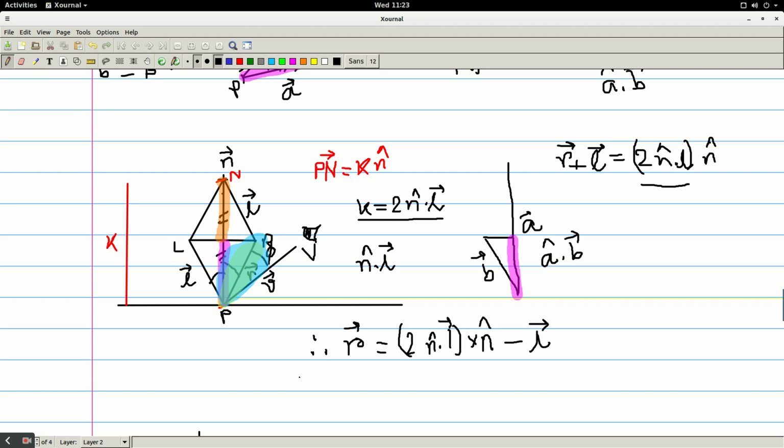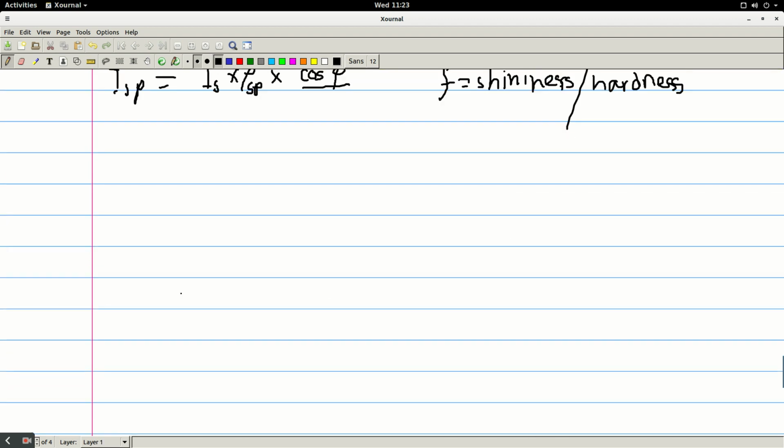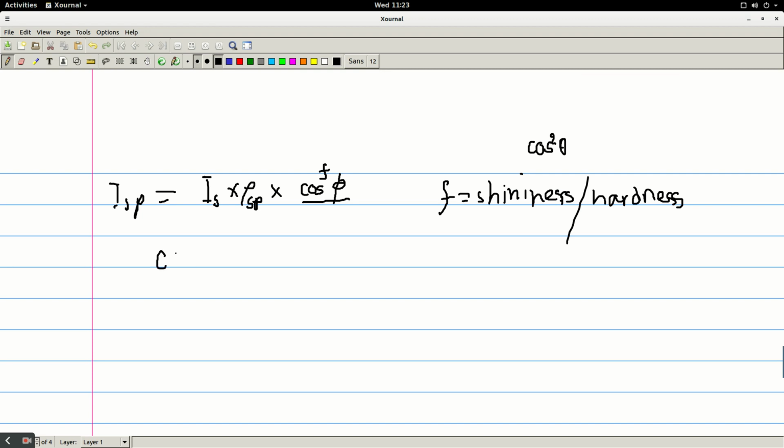So R and V. We know R already and V already, so we can write cos phi as R dot V and divide that by the magnitude of R, the magnitude of V. So if you put everything together, this is what it boils down to. You can find out cos phi. You can raise the power of that to a certain value and then use that.